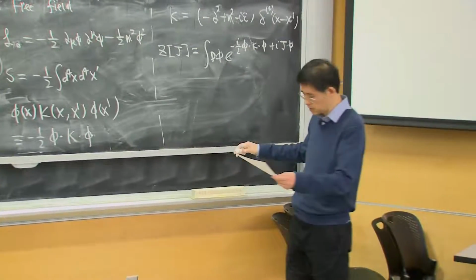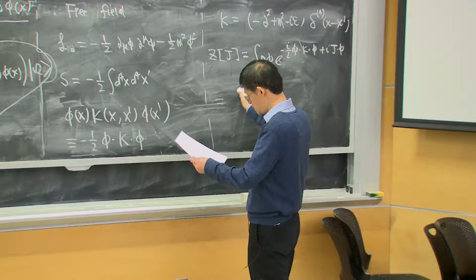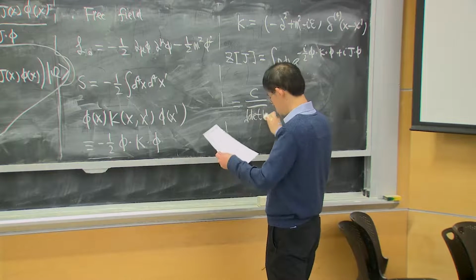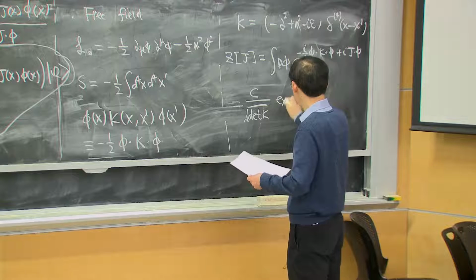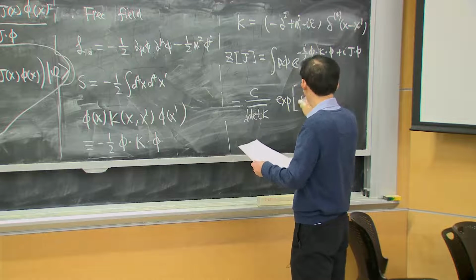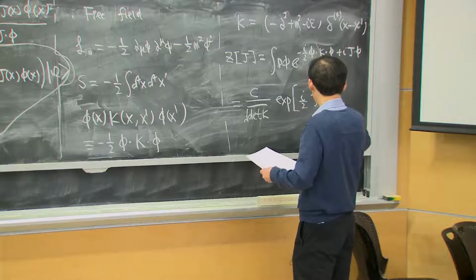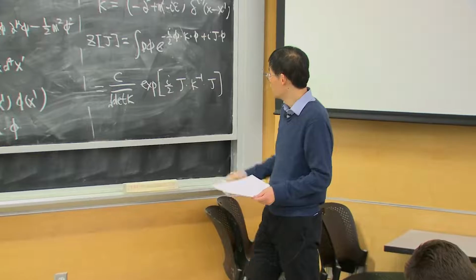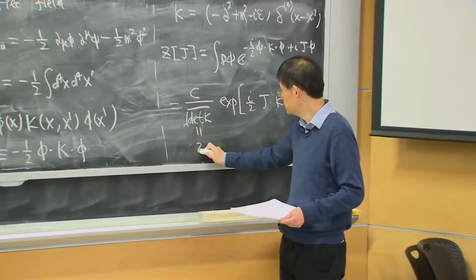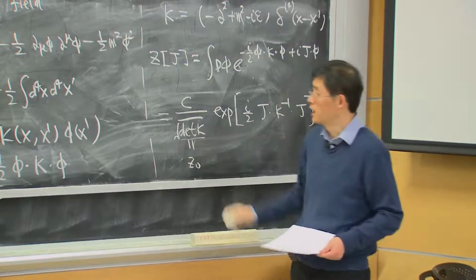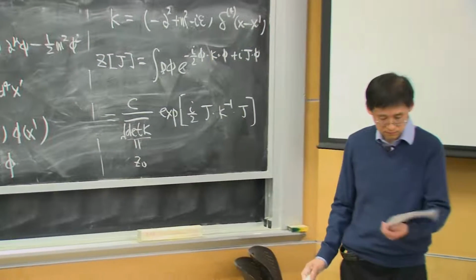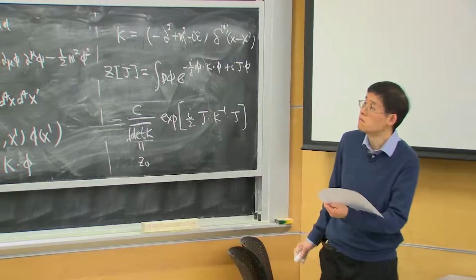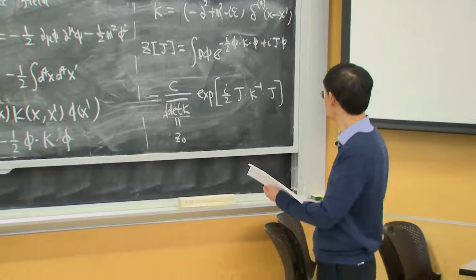Again, you get some other constant, you get the determinant of K, and then you get the exponential of minus i over 2 J K inverse J. Everything is exactly the same. This constant is the same as in Z0, and again they cancel.